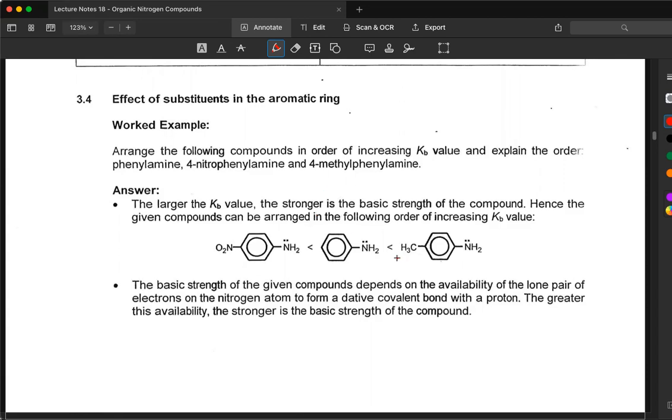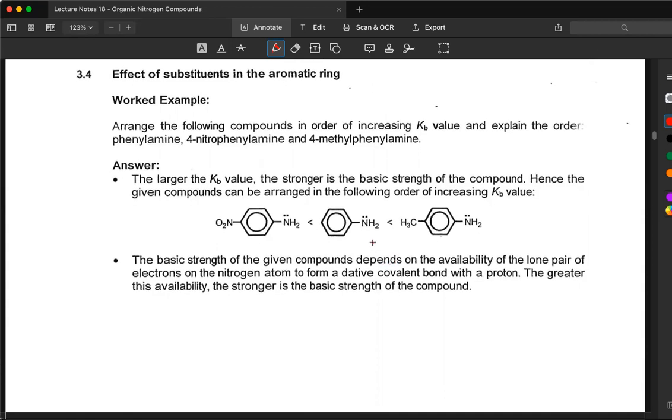It really depends on how available the lone pair is, because it is the lone pair that actually reacts, or forms a dative bond with the proton. The basic strength of the compounds depends on how available the lone pair is, as mentioned. The greater this availability, the stronger is the basic strength. So we can see that this is the most available compared to this and then this.